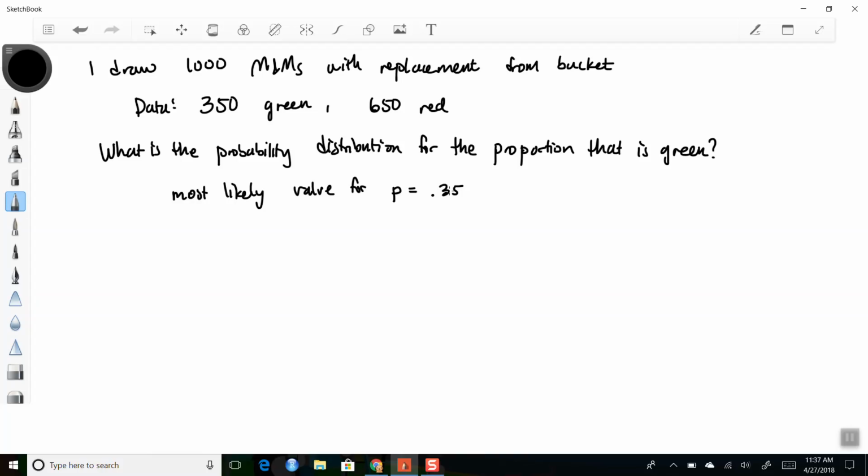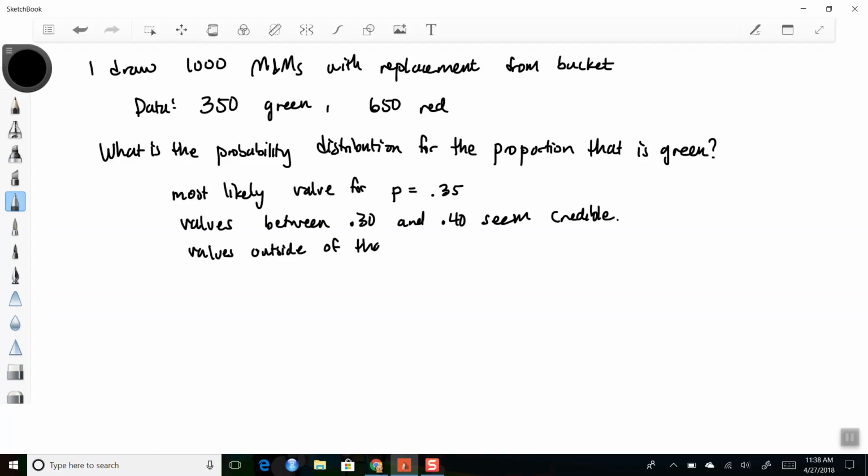So values of P between 30 and 40% seem credible, and values outside of that range seem almost impossible given the values we've seen, right? Values outside of that seem very unlikely.